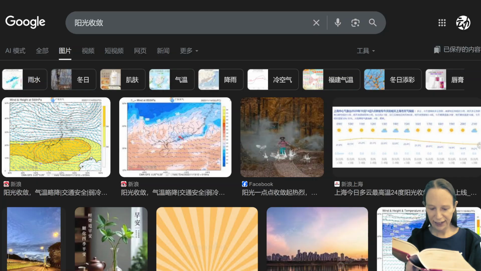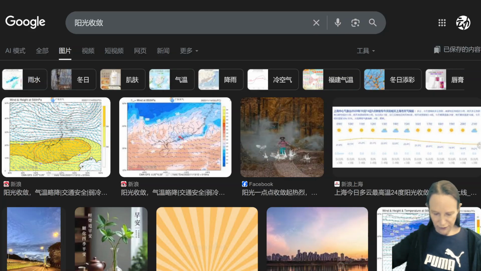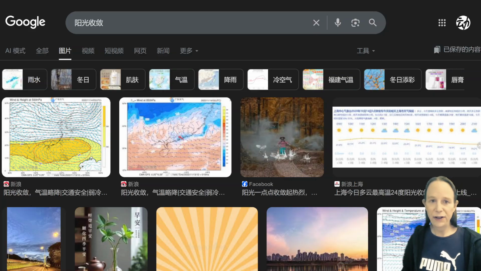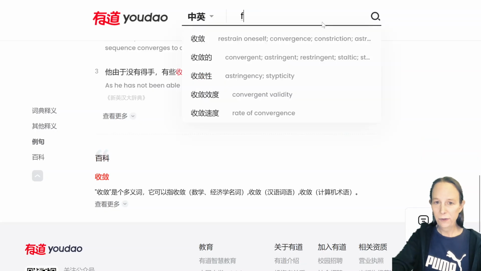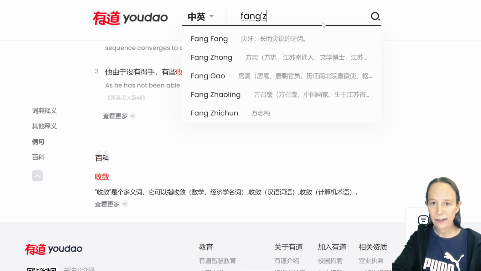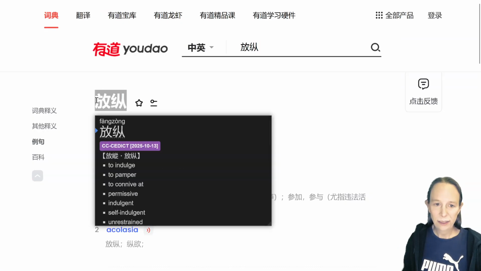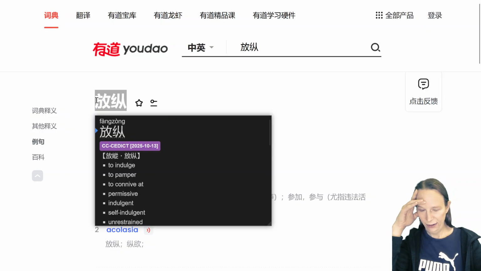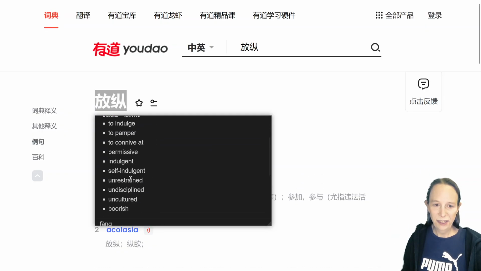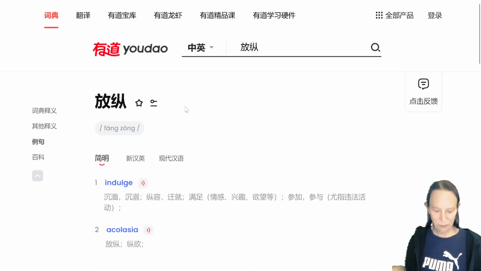The second definition is 减轻放纵的程度. So it's 减轻放纵. What would 放纵 mean? So you're reducing your 放纵. Okay, it's self-indulgent or something.